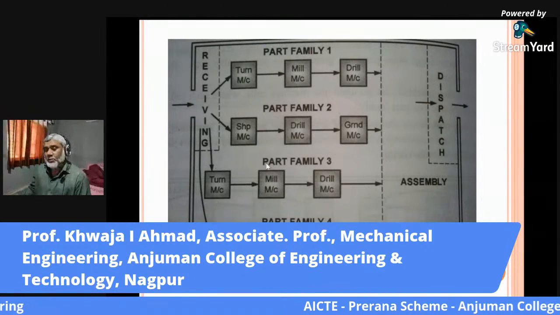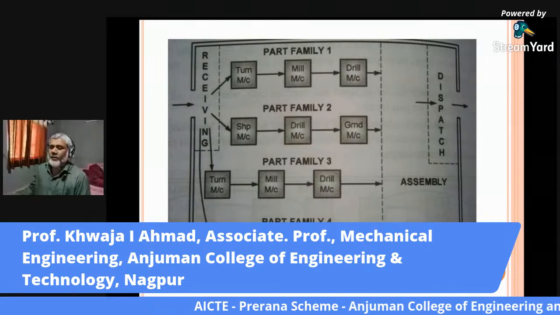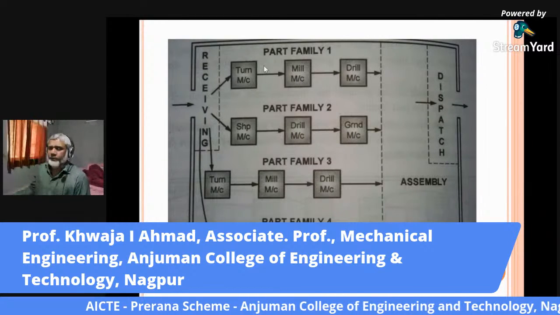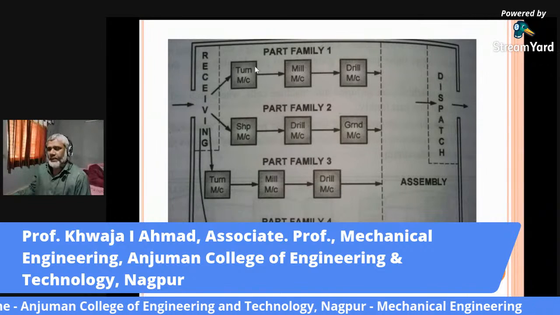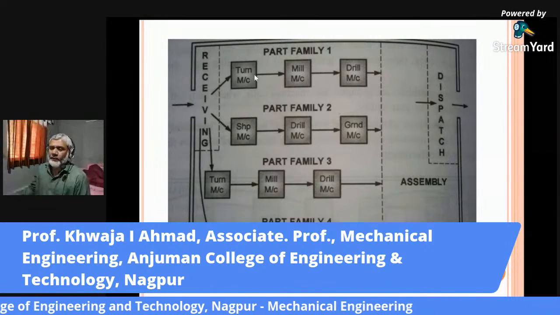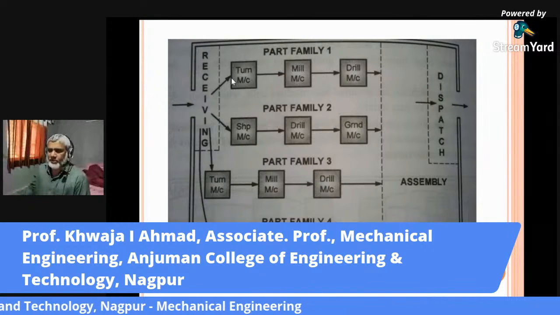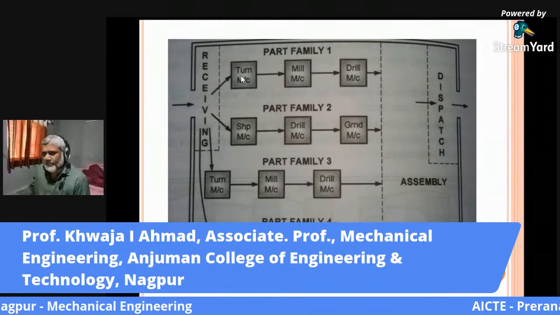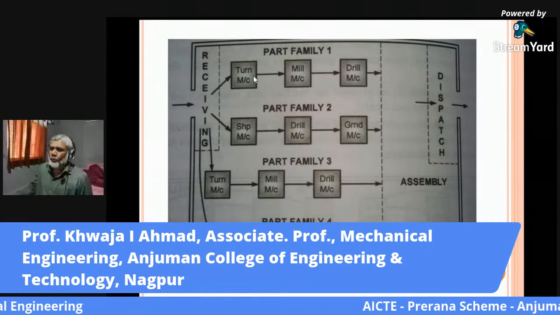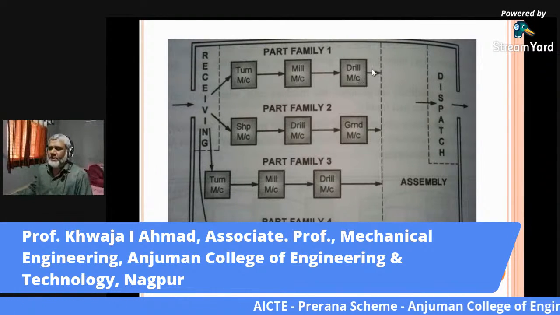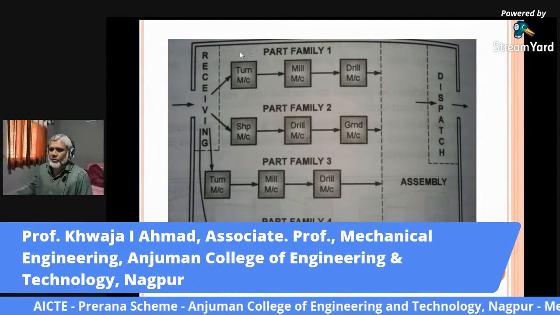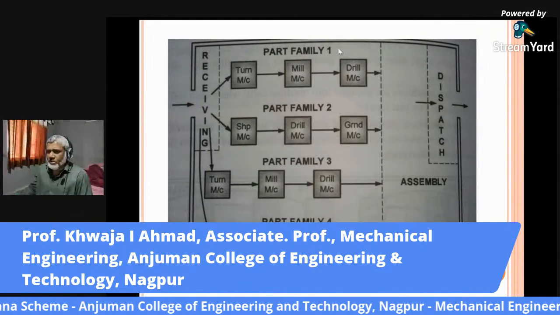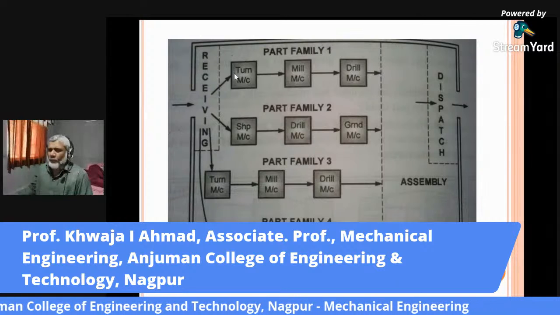Hence a square block can be turned on a turning machine, but here you will require a 4-jaw chuck for turning that square block on a turning lathe machine. So the part families will go through a special cell of simple machines on which those parts or components belonging to the same part family will be processed.